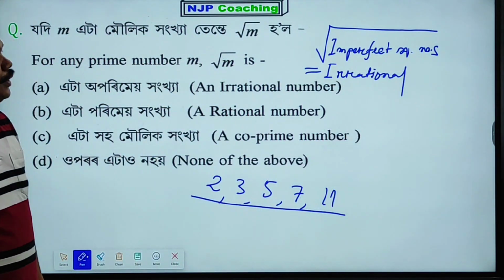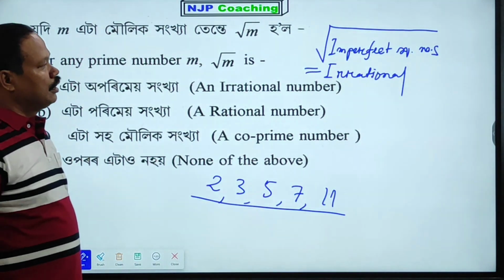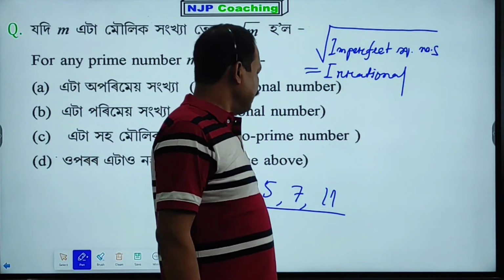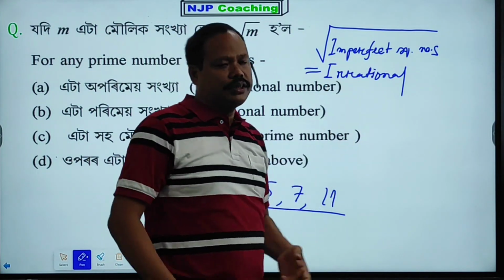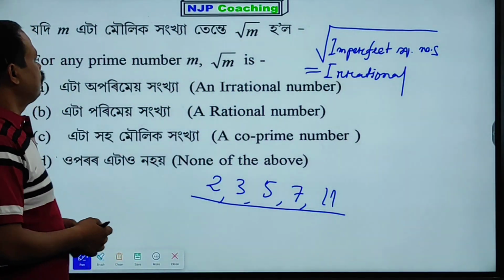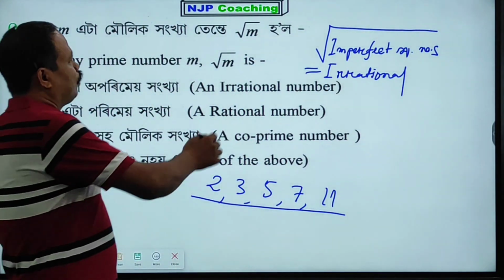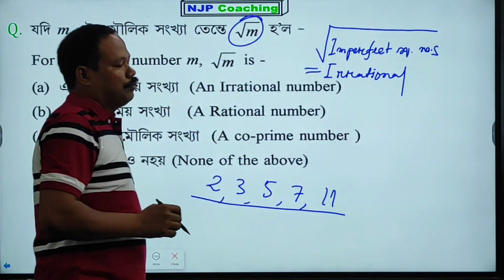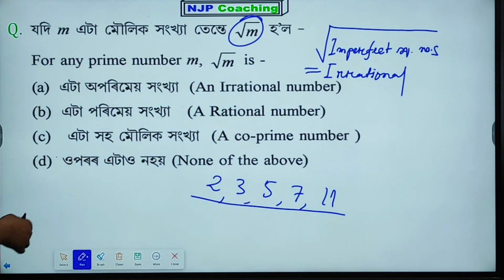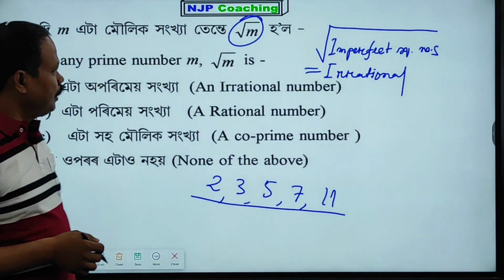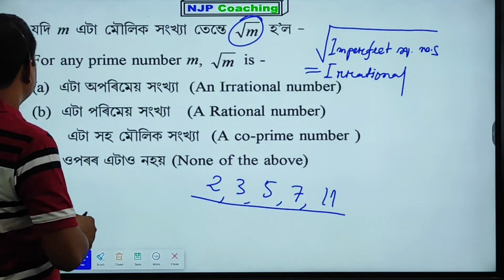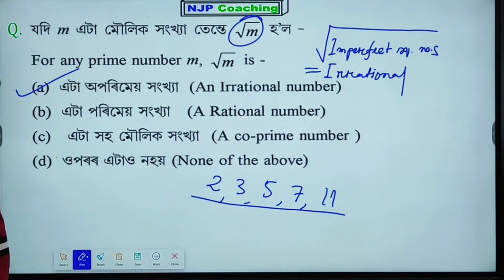Prime numbers are always imperfect squares. So in this form, root over m, we will always get an irrational number. This one is the correct option.